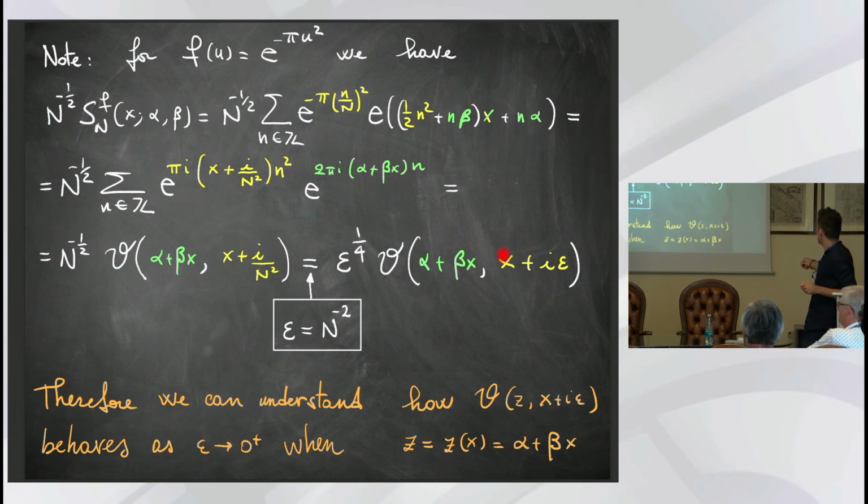So you see that x is the point in the coordinate that I'm approaching on the boundary, and here the alpha and beta times x gives me an affine function of x that I force on the other variable. So I'm fixing one variable as a function of the other. And because of our result, we can understand how this function behaves near its boundaries, when epsilon goes to 0, for a particular choice of z, which is exactly of the form alpha plus beta x.